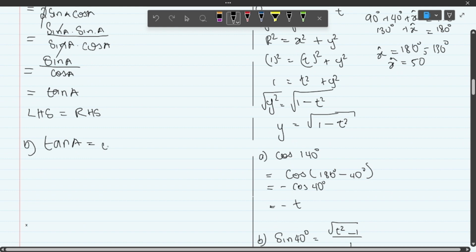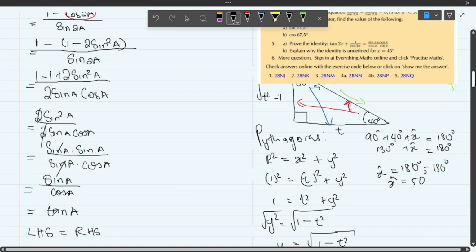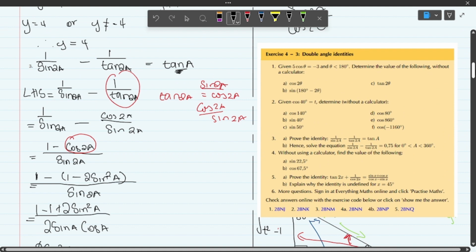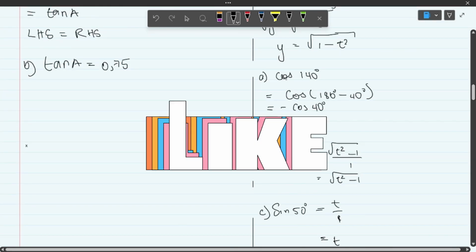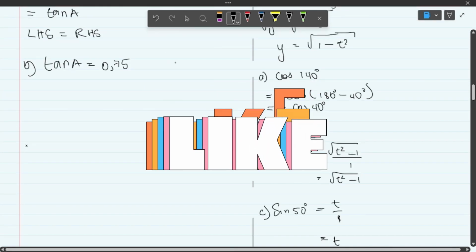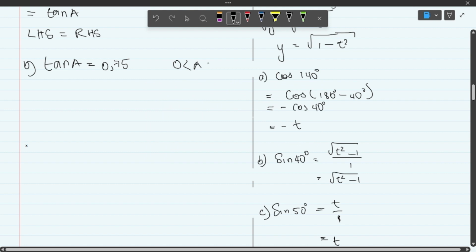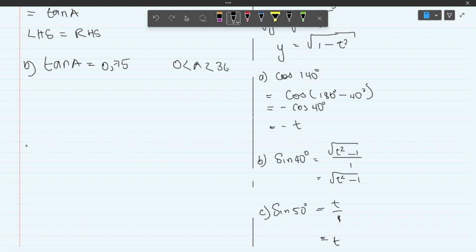So it's gonna be 0.75, and then which way it needs to be what? Between a needs to be greater than 0 degrees, and then it needs to be less than 360 degrees. So which way 0 degrees is, and then it's less than 360 degrees. Yeah.